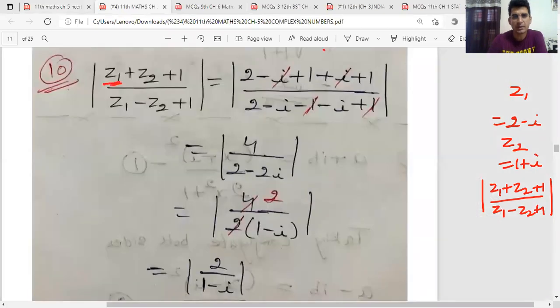So in place of z1, we will put the value of z1, that is 2 minus iota. In place of z2, we will put the value of z2, that is 1 plus iota, plus 1.